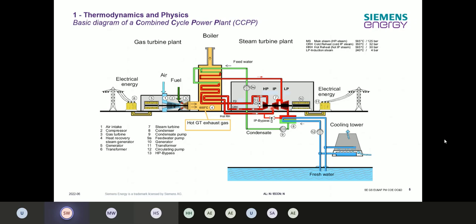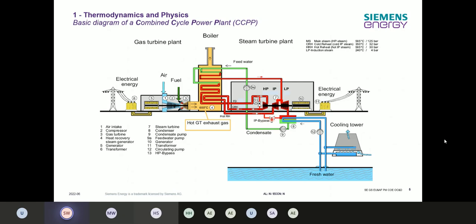We have a higher energy input again and can get a higher power output from the steam turbine. From the IP part, at the end of IP, there's still a lot of energy in the steam. We normally have pressures around 5 bar at the outlet of the IP turbine, and then it gets mixed with the LP steam and brought to the LP turbine.